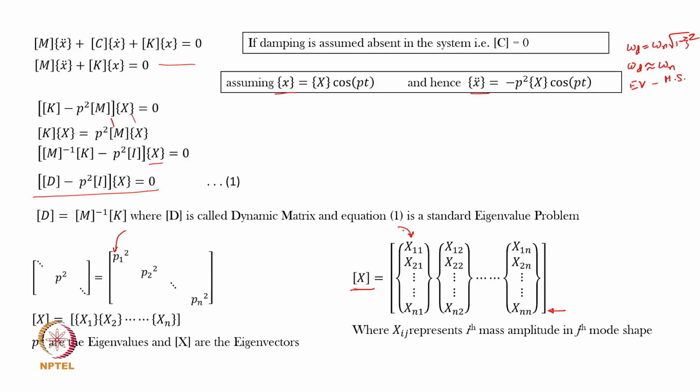So, for example, the first column represents the eigenvector or mode shape corresponding to the first natural frequency p1. The second column represents the mode shape or eigenvector corresponding to the second natural frequency, and so on. So, if you have n degrees of freedom, you will have n natural frequencies and n eigenvectors or n mode shapes of the system.